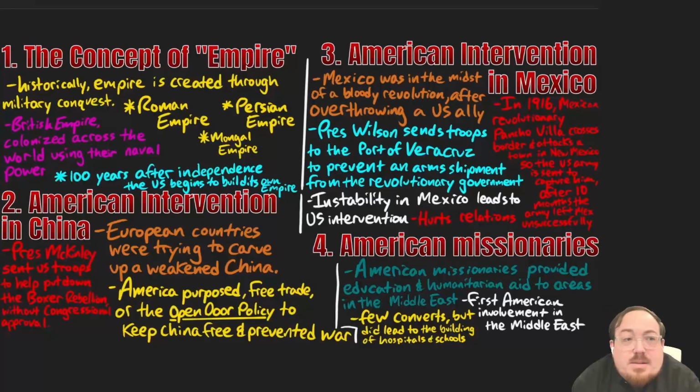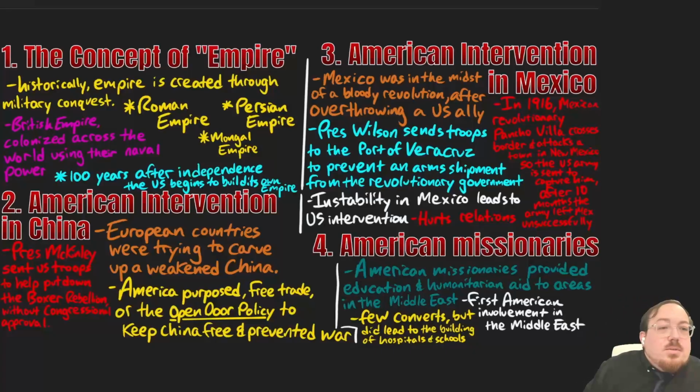You also have widespread unrest in the country itself. And Europeans see this as an opportunity to carve up China, much like they did in America and in Africa. And they're all threatening to possibly even go to war with each other over who will get to control China.